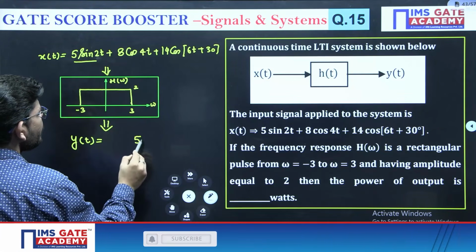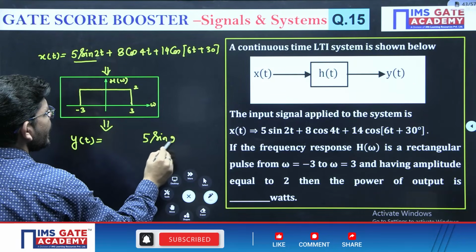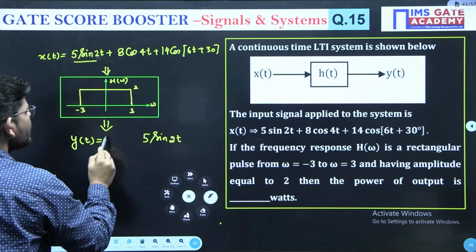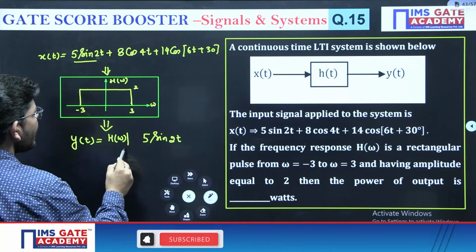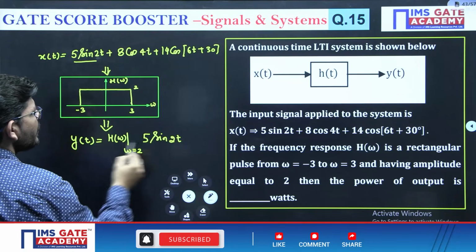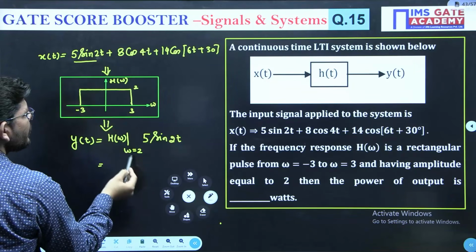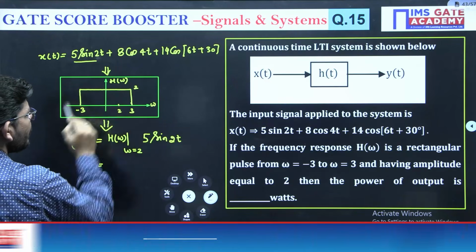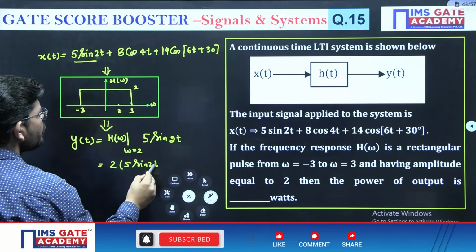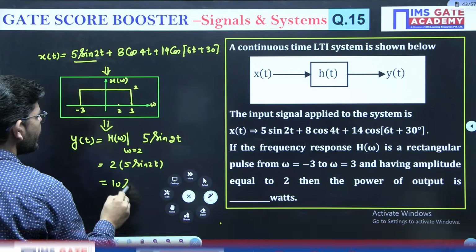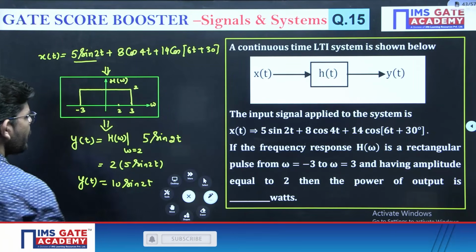We will have 5 sin 2t at the output, but you also have to multiply by the transfer function magnitude at this frequency. At 2 we will have 2, so 2 into 5 sin 2t, and you will get 10 sin 2t. This is your output y(t), right?